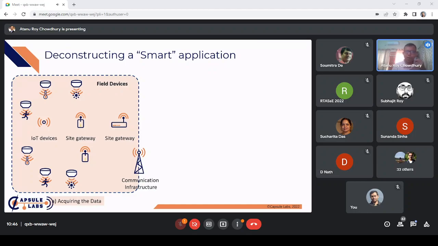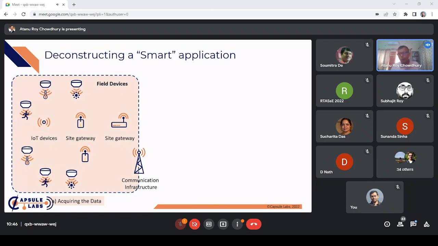Right. So if you are looking at a smart home or a smart building solution, you already have protocols like KNX and DALI, which are used for lighting networks. If you're looking at a smart vehicle, you already have the CAN bus protocol, controller area network, or protocols like OBD, onboard diagnostics.